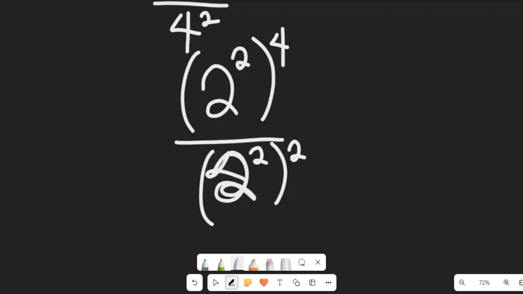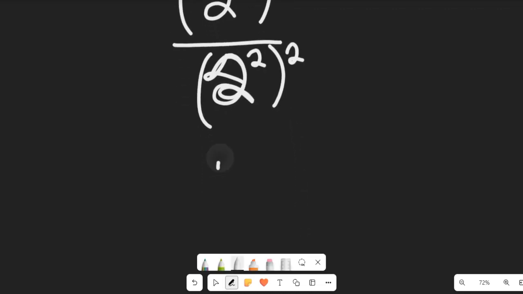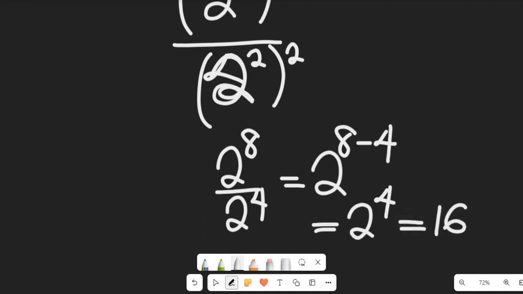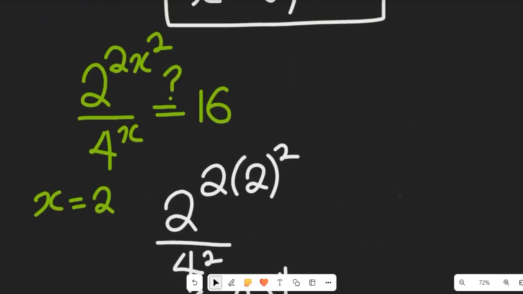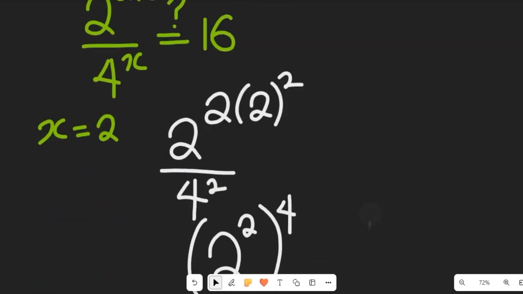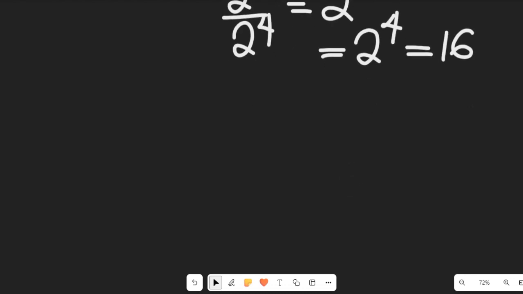So this expression simply gives us 2 to the power of 8 divided by 2 to the power of 4. And this expression will now give us 2 to the power of 8 minus 4 according to the law of indices, and that will be equal to 2 to the power of 4, and 2 to the power of 4 is equal to 16. So that means x equal to 2 truly satisfies that expression.